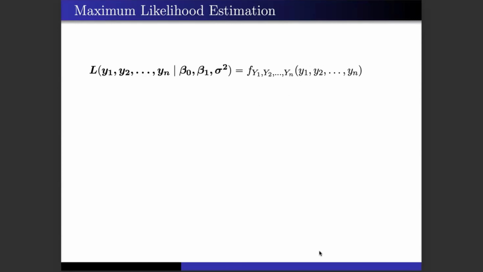So we started with the definition of the likelihood function, which we can write as the joint density function. And using the consequence of the assumption that all yi's are independent, because ei's are assumed to be independent, we can write this joint density function as the product of individual density functions of yi's.